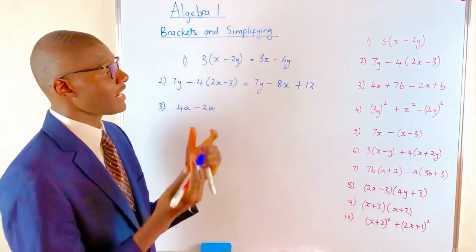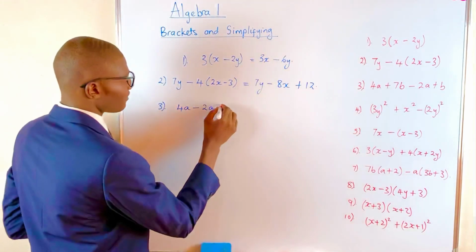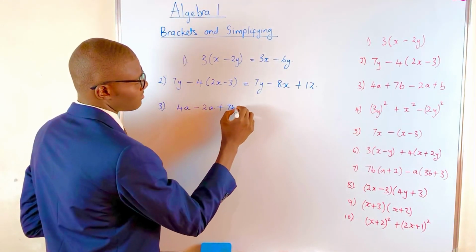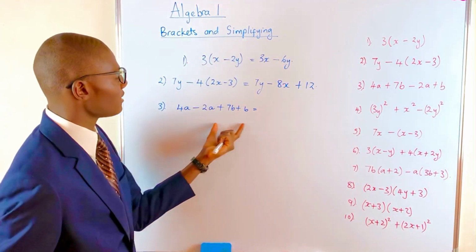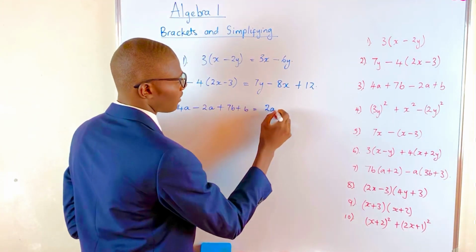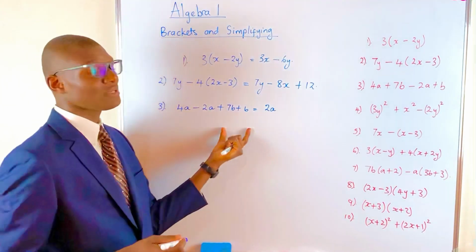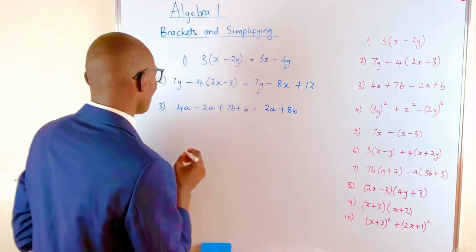And then the terms in b, we are saying 7b plus b. And then now we just add these like terms. So 4a minus 2a, we get 2a. And then 7b plus b, we get 8b. So this is what we get.